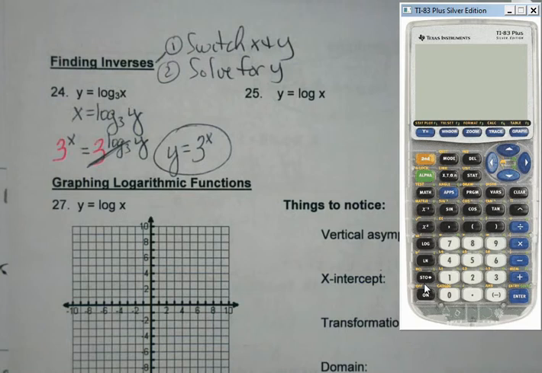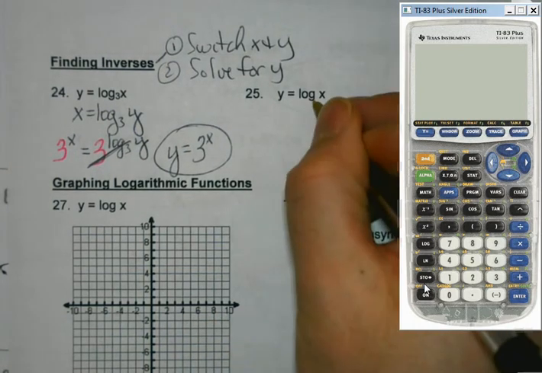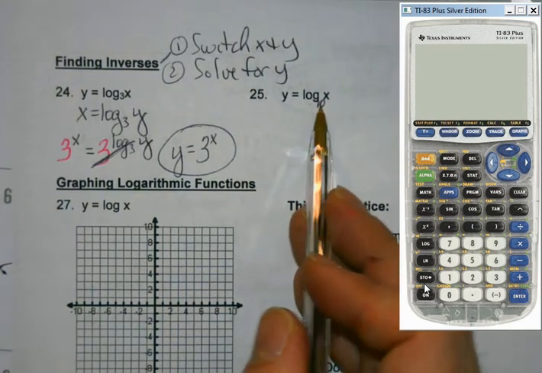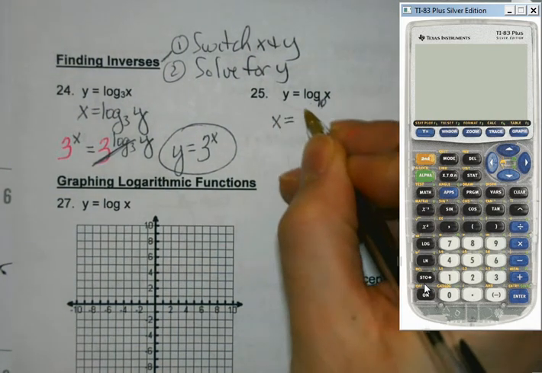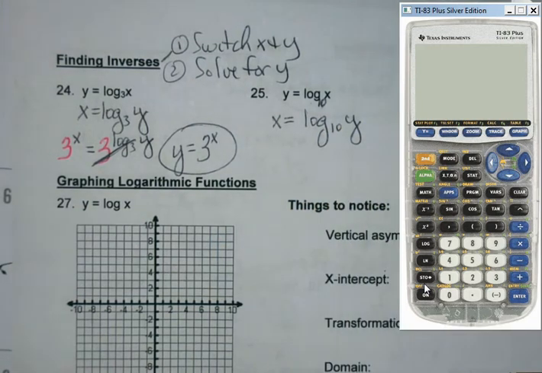And it'll work that way every time with these. So like here, my big thing is, I've got to remind myself, if I don't see a number for my log, that it's a 10. It's always going to be base 10. So if I need to get rid of log base 10, once I switch my x and my y, I'm going to turn both sides into exponents again.